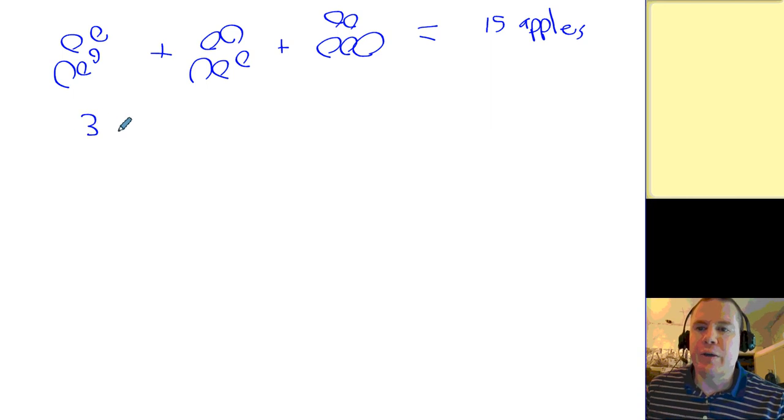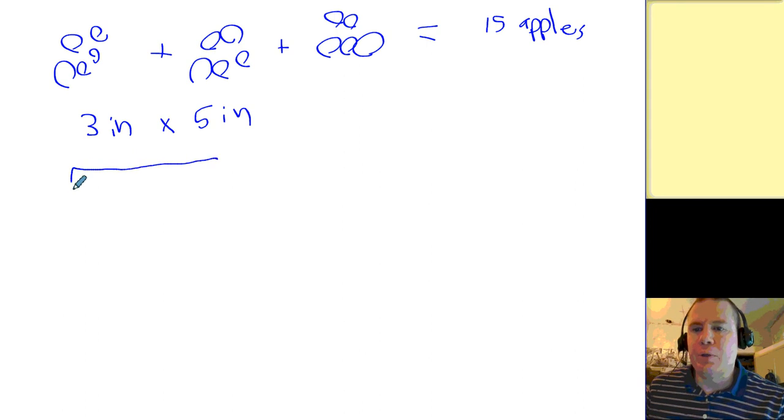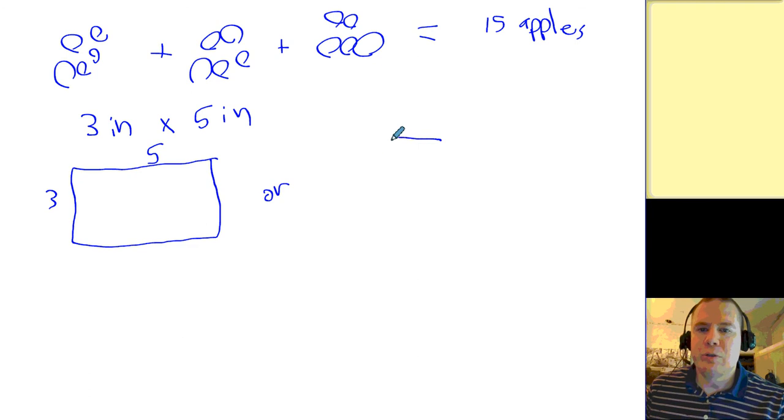So let's say I have an index card that's 3 inches by 5 inches. What would that look like? Well, maybe it looks like this. I could use my straight line tool, but this is faster. Or it might look like this.